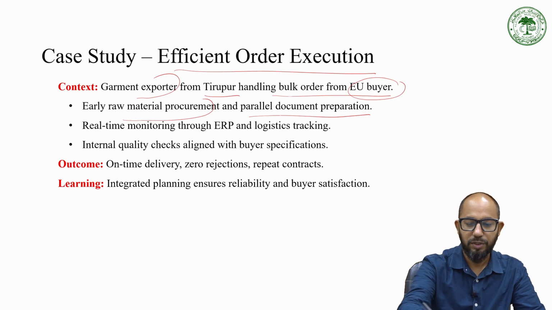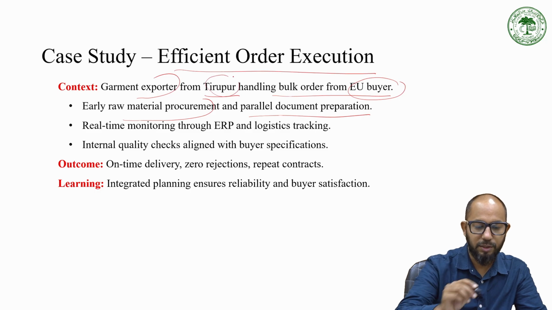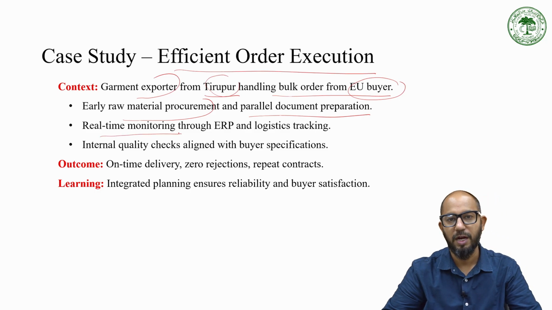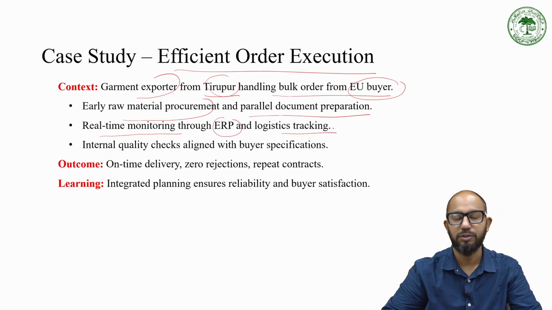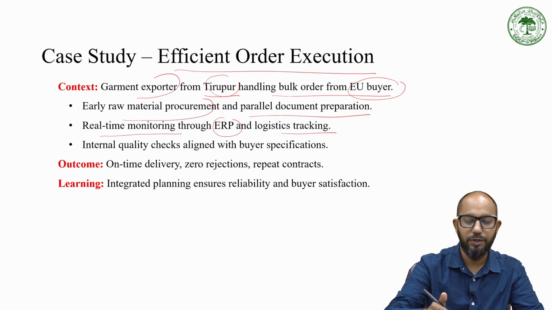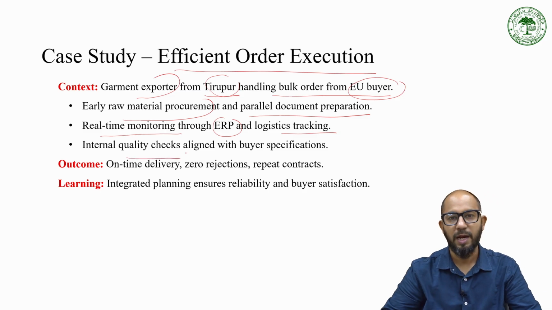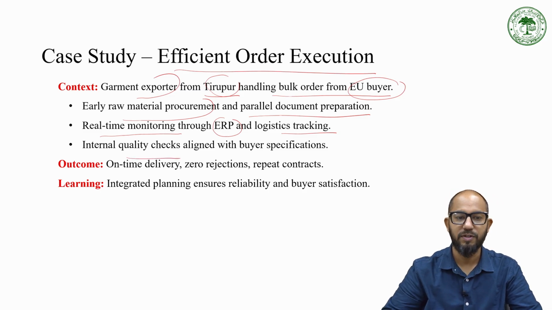Also, the Tirupur garment exporter should have real-time monitoring of the production and its allied processes through enterprise resource planning and logistics tracking. Third, to be efficient, the exporter should have internal quality checks aligned with buyer specifications.